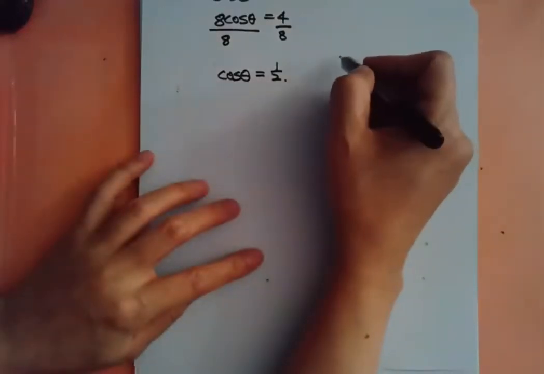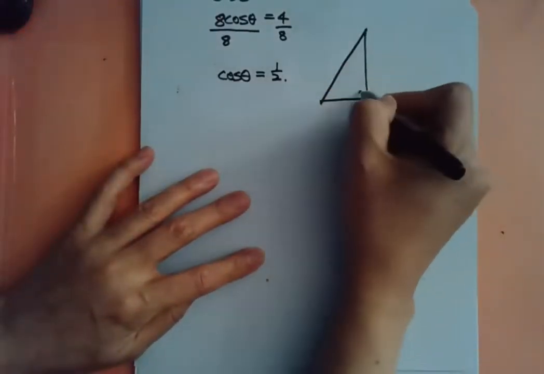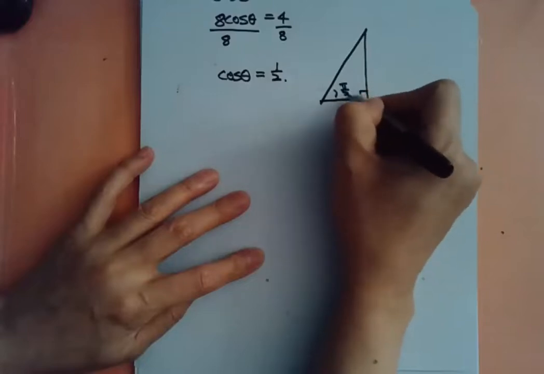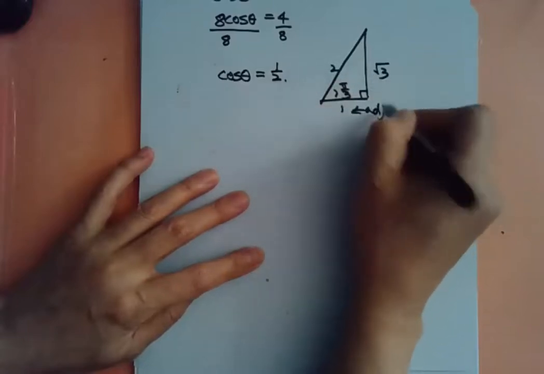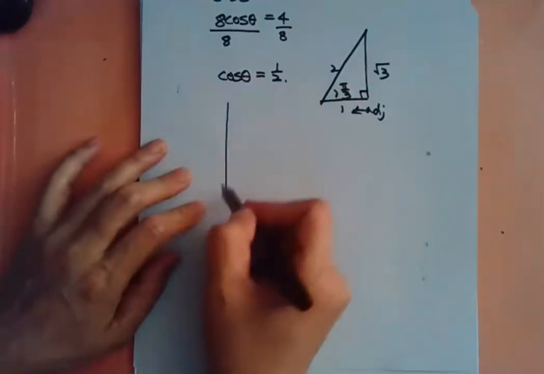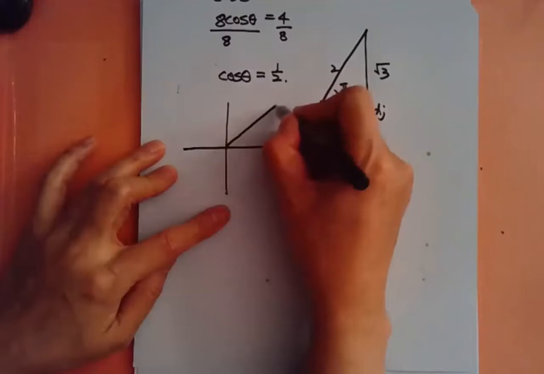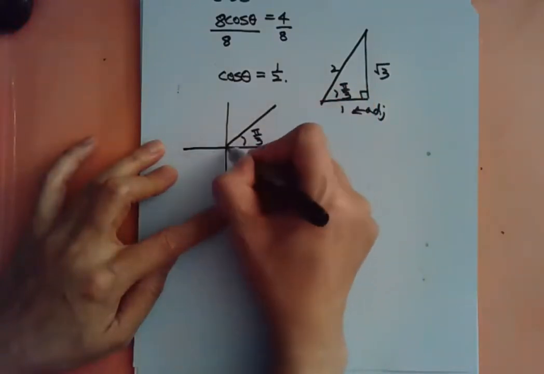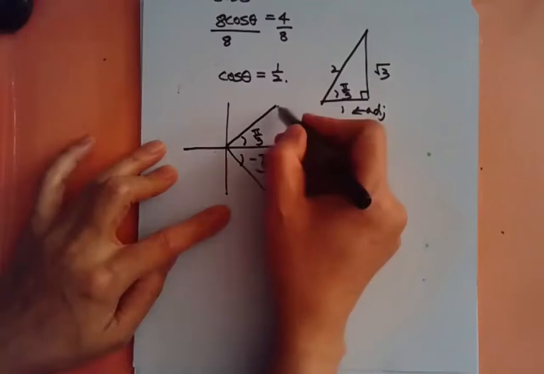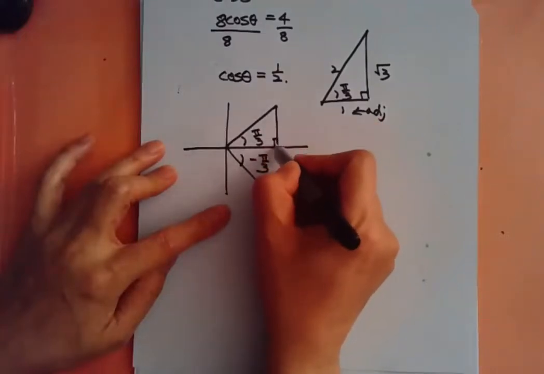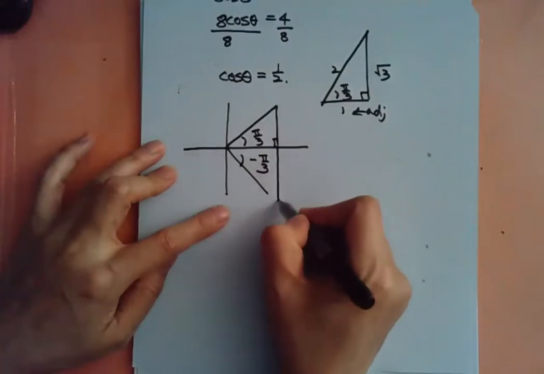So we already know the 30, 60, 90-degree triangle, and this is pi over 3, with sides 1, 2, square root of 3. This is adjacent. So the final solution will become like this. This is pi over 3, and this is negative pi over 3. And when you draw the same triangle, this is 1, 2, square root of 3.